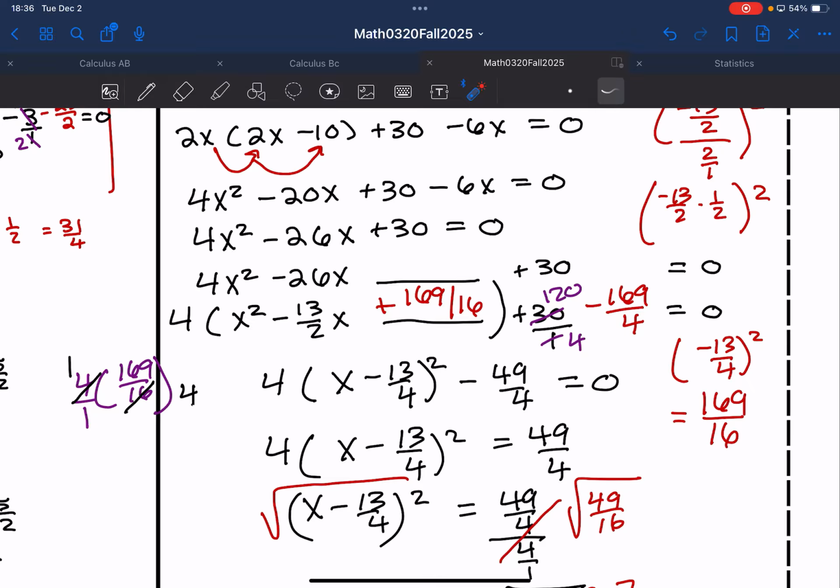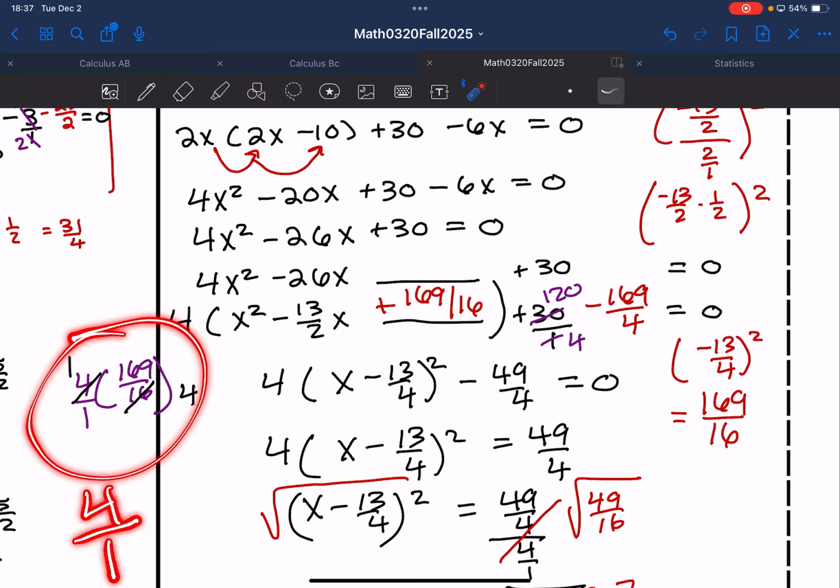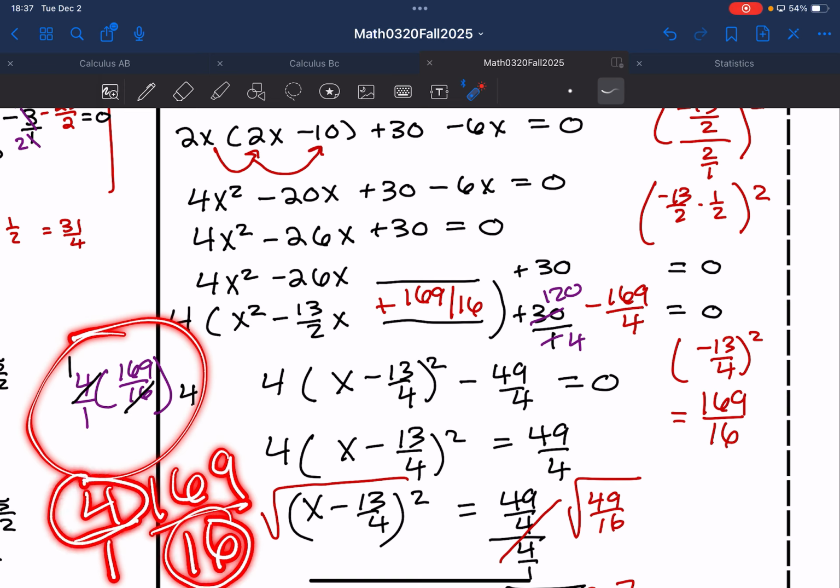Okay. Always think of this. My GCF is a number. Since I'm going to multiply into a fraction, I change it to a fraction. So that's 4 over 1 times 169 over 16. Okay, so the only reason I was able to say, okay, this bottom part was 4, is because I can reduce these numbers on the diagonal, just like I did when we were doing rational expressions.